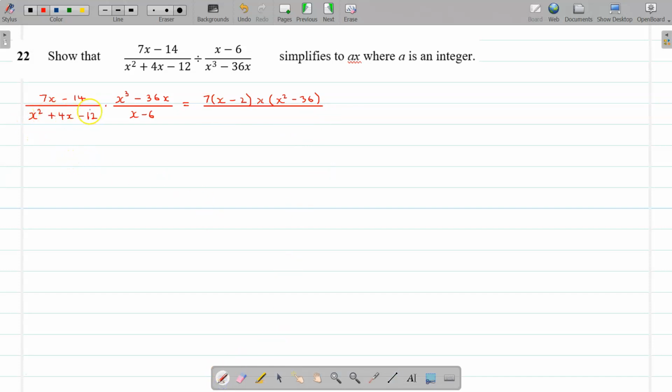So this quadratic here has factors of minus 12 that add up to 4, and they are plus 6 and minus 2. So I'm going to write that as x minus 2, x plus 6. And over here, I still have the x minus 6 as well.